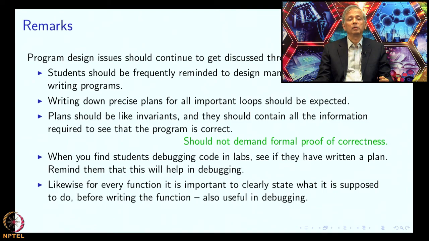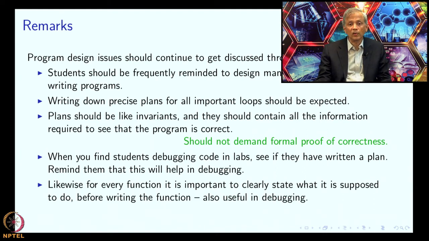Now, when you come to functions, the documentation changes slightly, the plan changes slightly. Here, what you should tell them is that before writing the body of the function, you should state very clearly what the function will return in relation to the inputs, the arguments of the function.